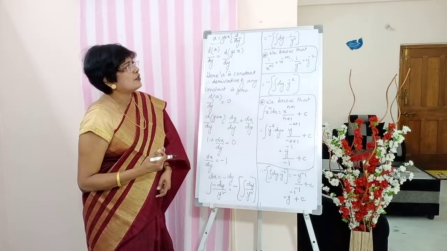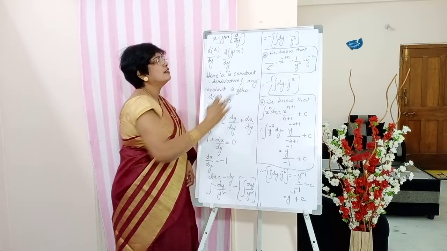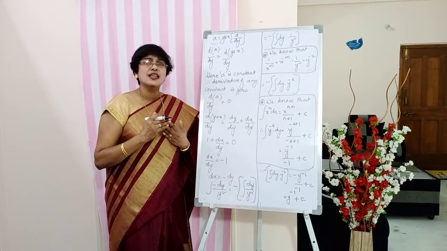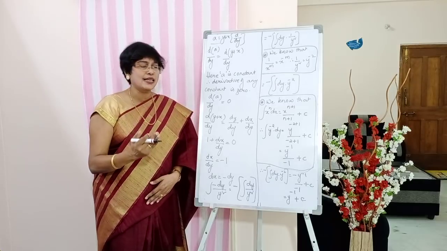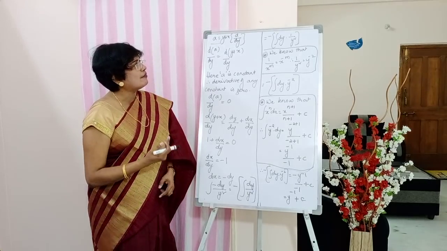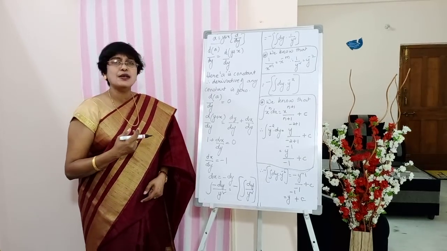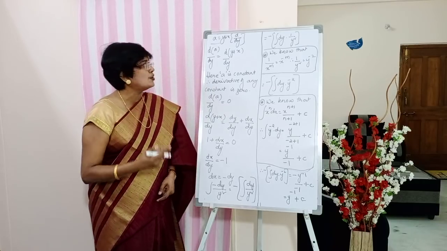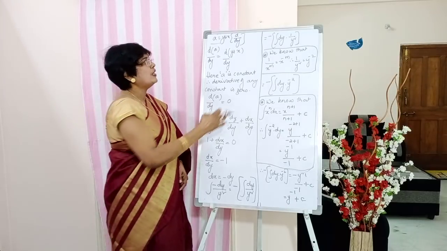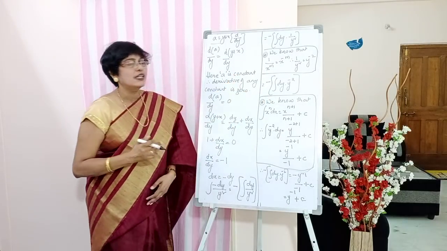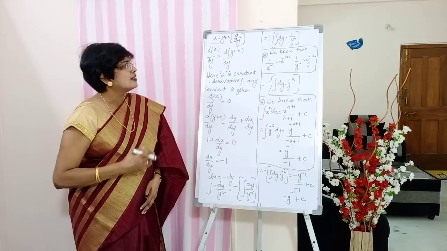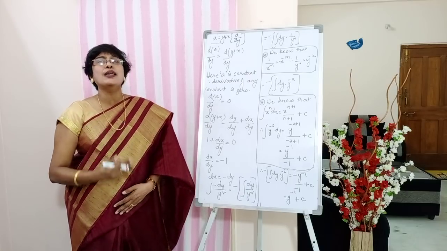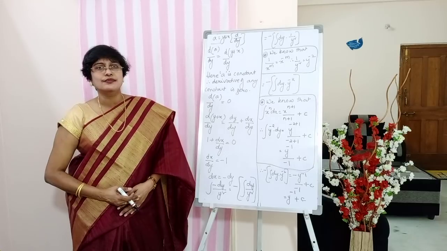So 1 by y square can be written using this one. 1 by x power m can be written as x to the power minus m. So in our equation we have 1 by y square, which can be written as y to the power minus 2. Now how will this expression change? Is equal to minus, brackets, integral dy into y power minus 2.